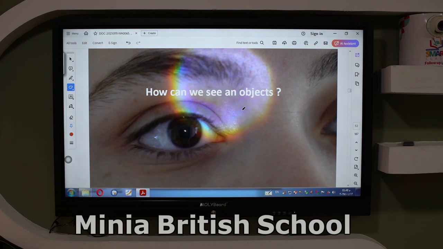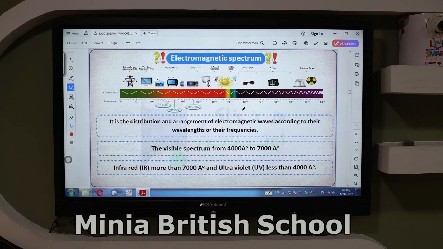How can we see objects? Electromagnetic spectrum: it's the distribution and arrangement of electromagnetic waves according to their wavelengths or their frequencies.